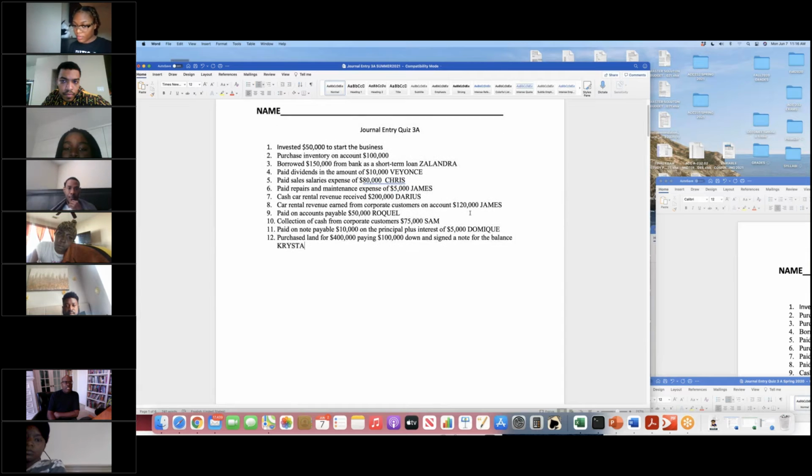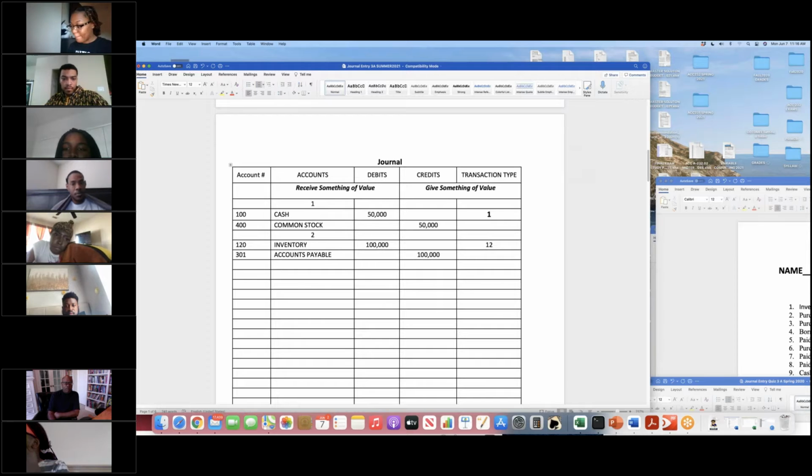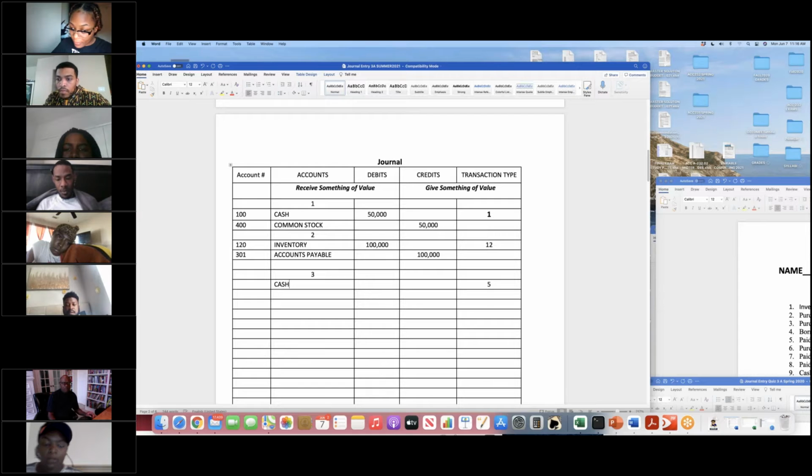Okay. So number 3 says borrowed 150,000 from a bank. What type is that? Type number 5. So what are we going to do? We're going to debit cash 150,000, and we're going to credit notes payable.